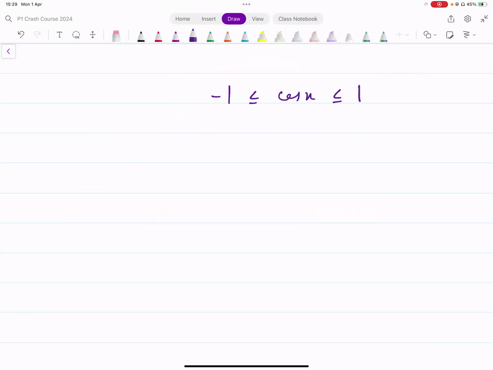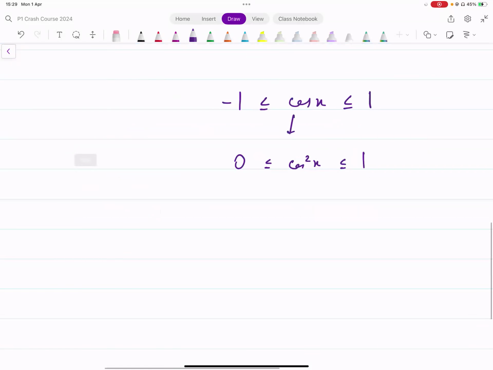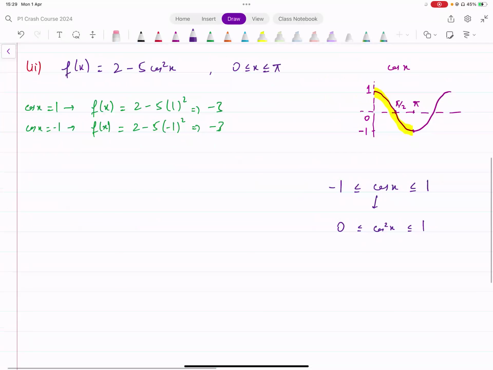When you have cos square x, instead of minus 1 to 1, all you have to do is use 0 to 1. So instead of putting 1 and minus 1 here, what you should do is see what happens when cos of x equals 0, or cos square of x equals 0. It's the same thing. What does that give you? That gives you 2 as the result.